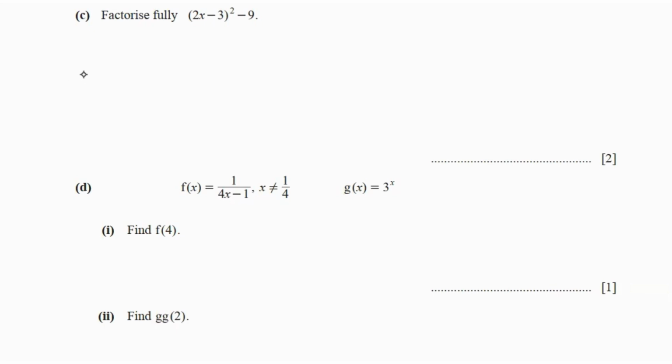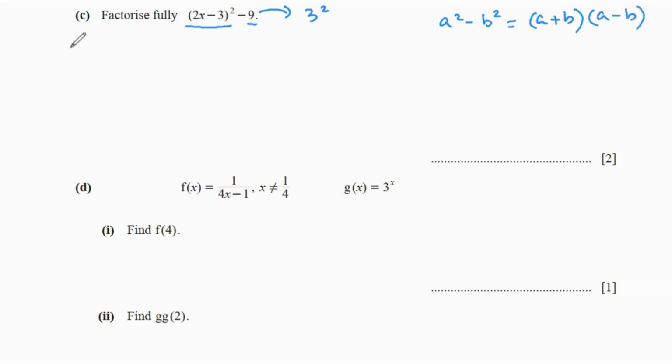In this case, if you notice, 2x minus 3 is squared, and 9 is also a square number. It's 3 squared. So they're being subtracted, which means it follows the difference of perfect squares: a squared minus b squared equals a plus b times a minus b.